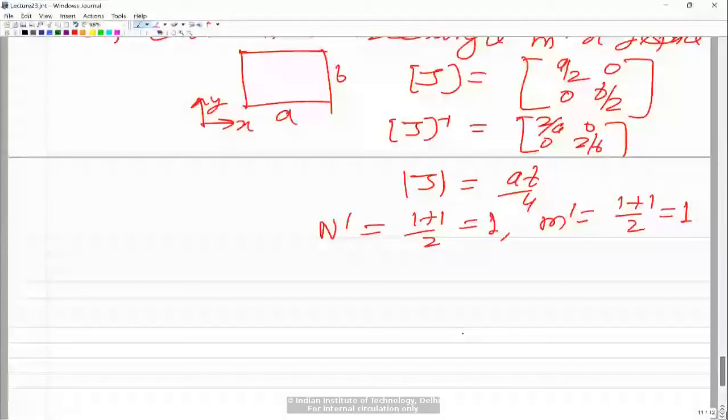Now the next aspect in plate bending elements is what is known as shear locking. If you remember, I have discussed that concept also in the Timoshenko beam element.